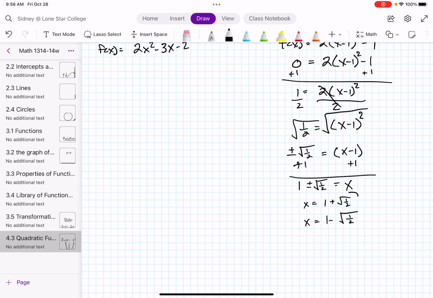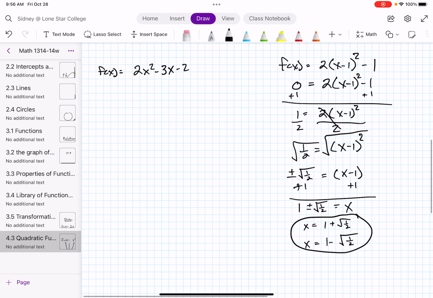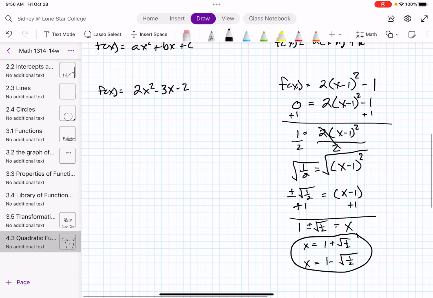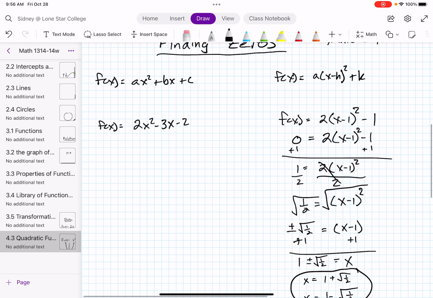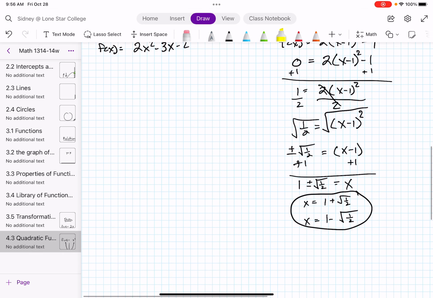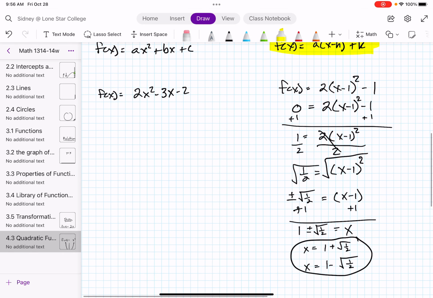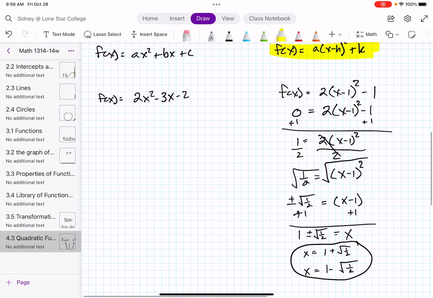Those are the two places on the x-axis where this parabola will cross the x-axis. These being vertex form are pretty straightforward. They're all going to take this basic shape more or less. So this is not as interesting.